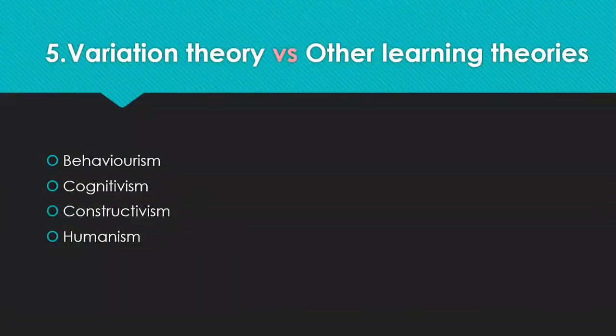As we know, behaviorism is the oldest learning theory, which emphasizes stimuli and responses to regulate the learner's behavior. However, behaviorism has a problem: it does not show how the learner processes the information when information goes into the learner's mind. So that is a problem.